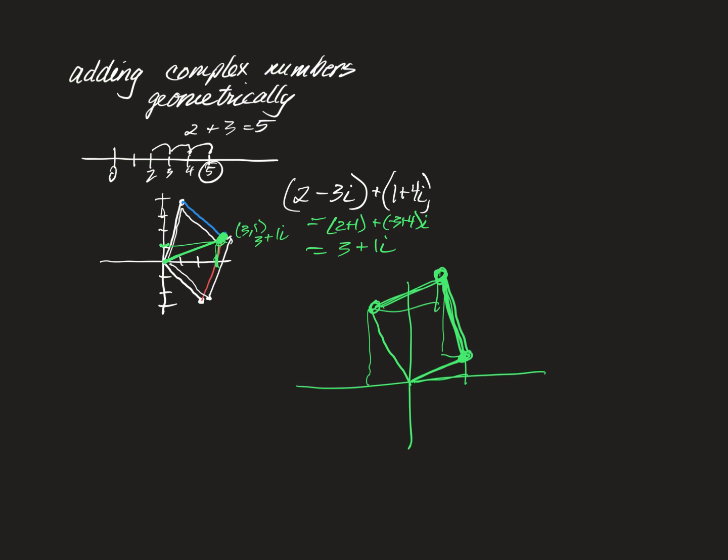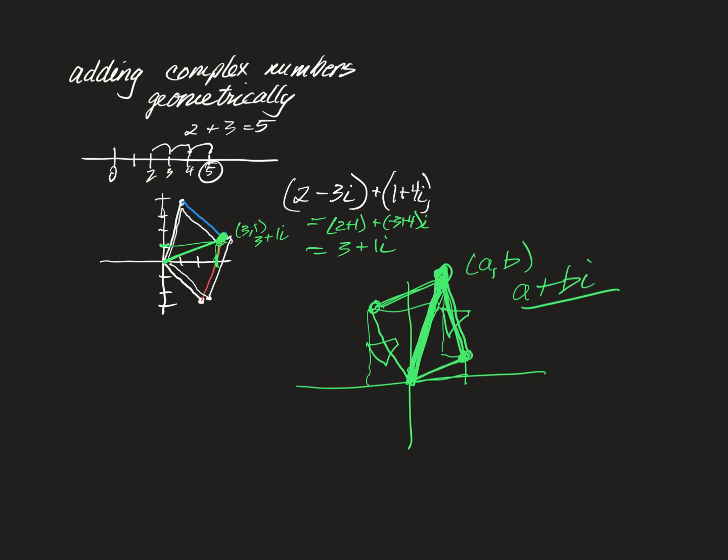So you're going to create a parallelogram. Opposite sides are parallel. All right? And once you do that, then the sum turns out to be the diagonal that meets at that opposite corner. And whatever the ordered pair is for that opposite corner, that is your new complex number, or the sum.